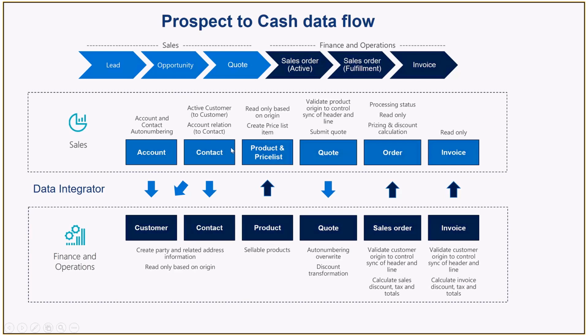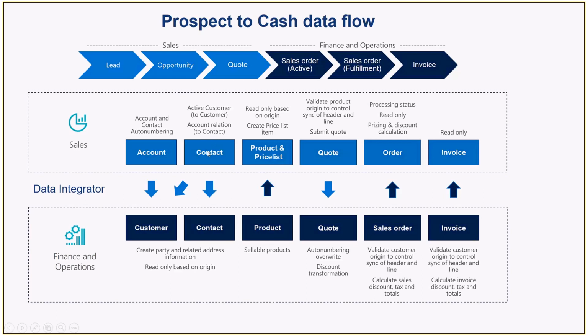So this is a contact in the sales system that you're selling to. As we cannot sell to a contact in finance and operations, we will synchronize that to a customer. So there's a little bit of migration going on there, and then we put it into the customer table inside of finance and operations.